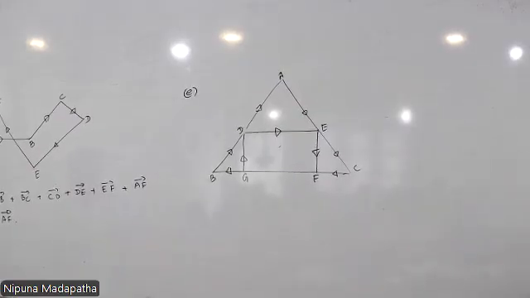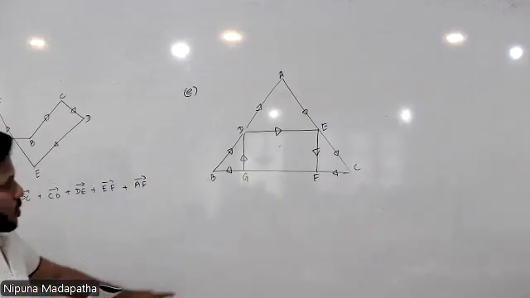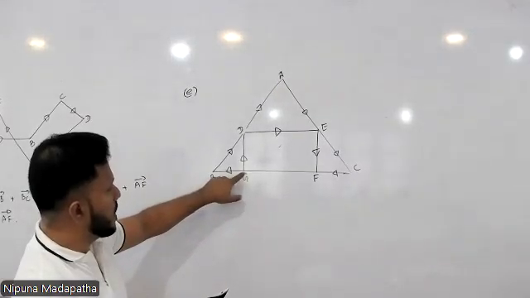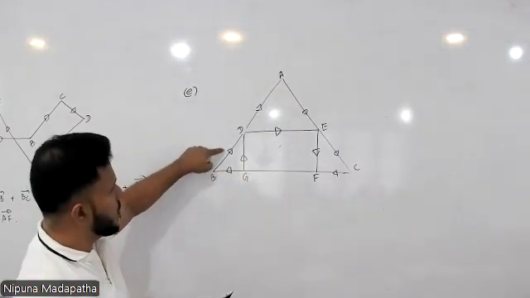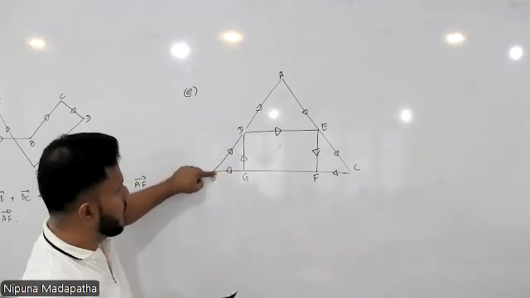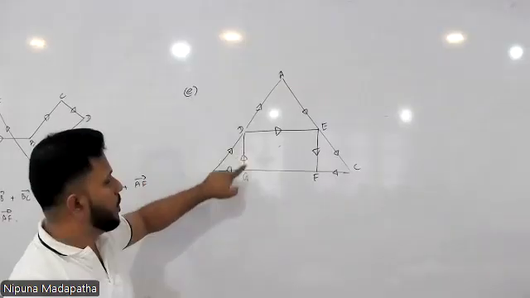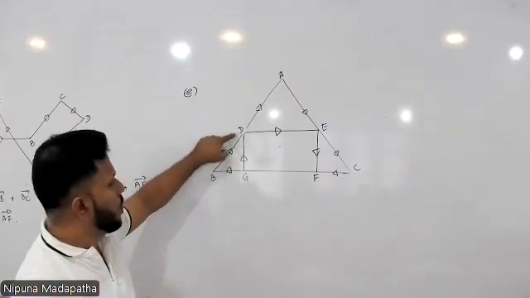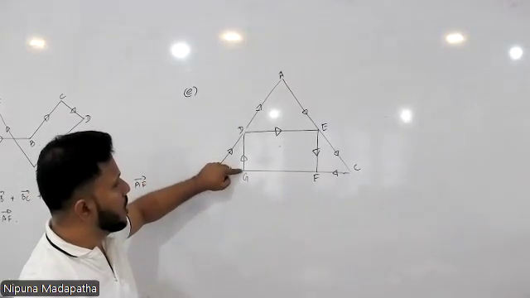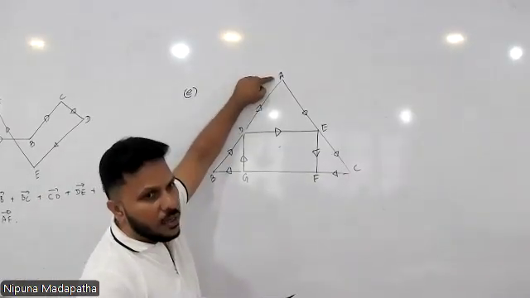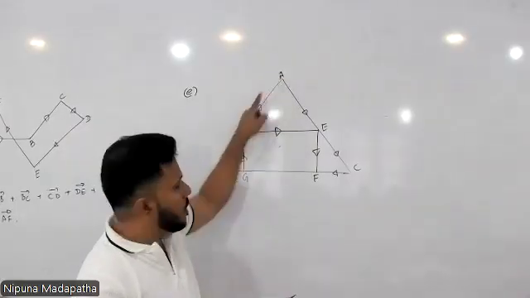Okay, so what is the answer? It would be 2GF. This vector system starts from G: GB plus BD, resultant GD. Then add GD to DA, resultant is GA.